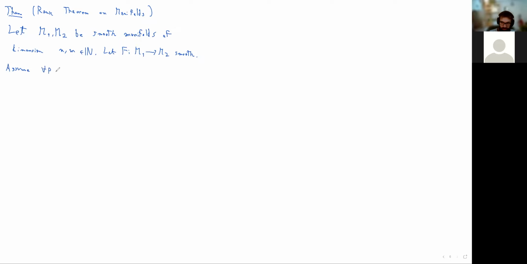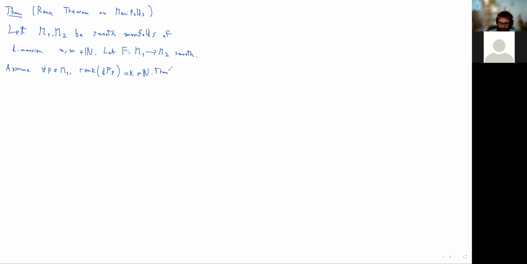Assume that for every p in M1, the rank of the differential is k. So we didn't properly define this, but this is the rank of the differential of a map. But you know the dfp is a linear map between two vector spaces, so you know the definition of rank there.